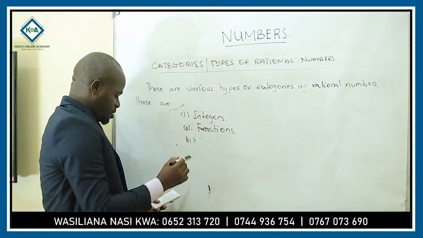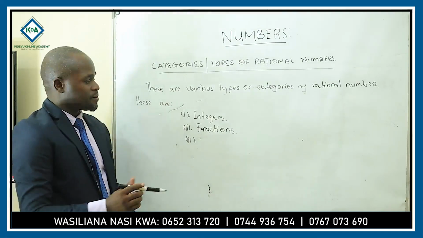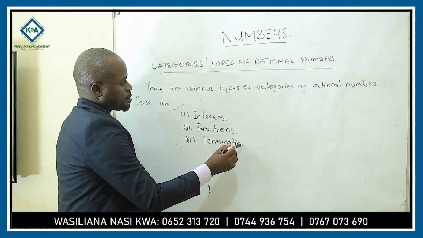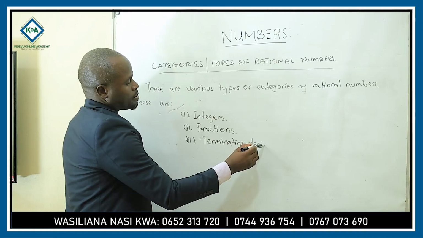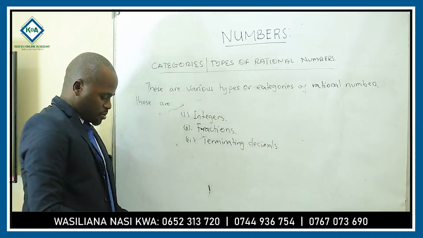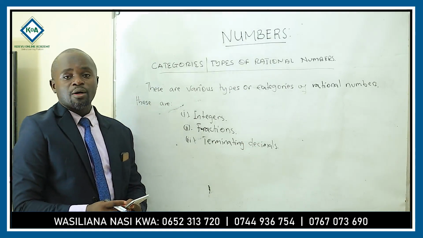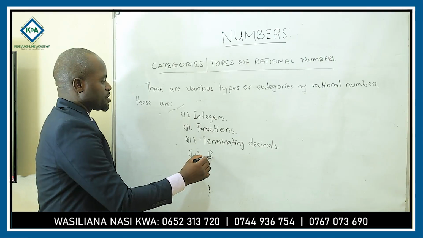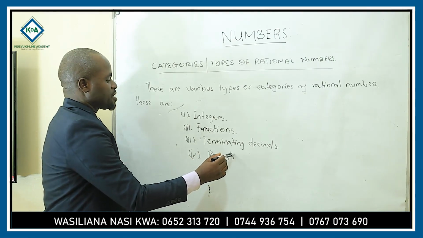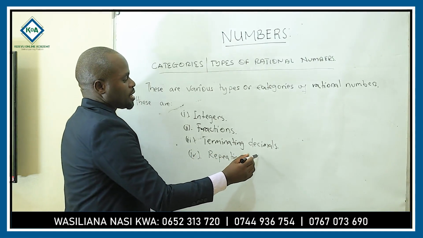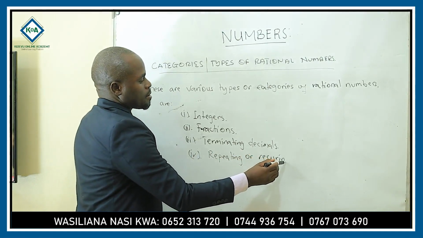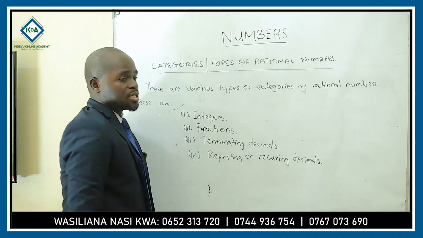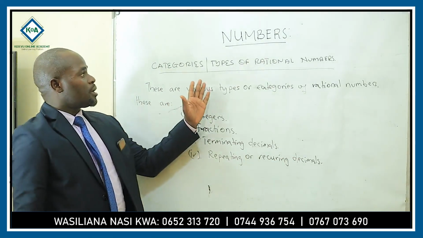The third group is terminating decimals. But also we have repeating or recurring decimals. The fourth group is repeating or recurring decimals. So these are types of rational numbers.